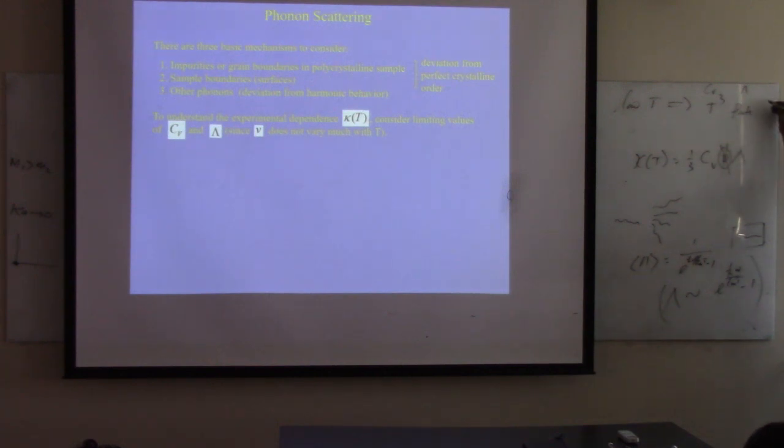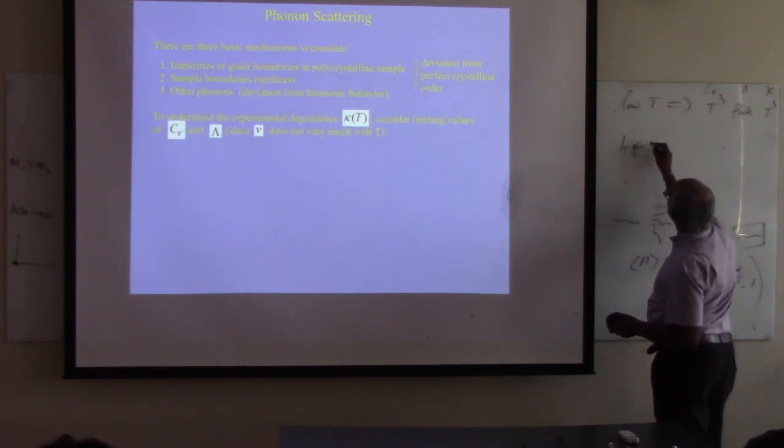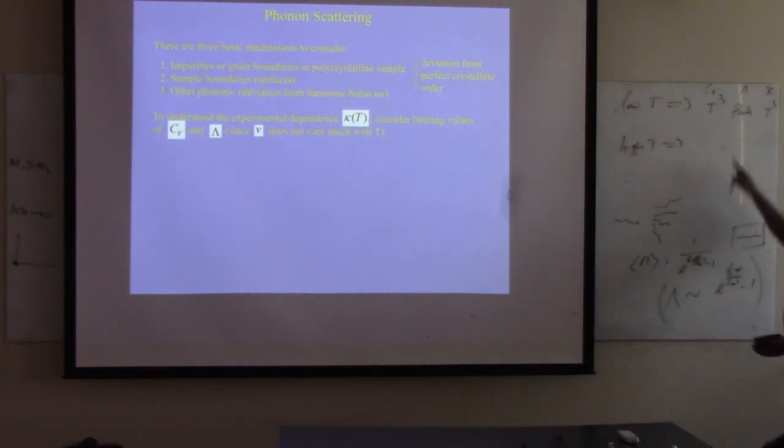Then what is the total? The kappa becomes T cube times a finite value, so it goes like T cube, right? Is that it? Okay, now high temperature, what happens? At high temperature, CV goes like 3R.